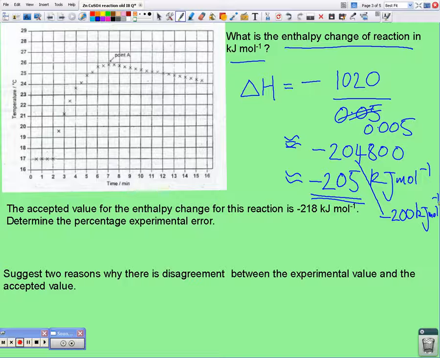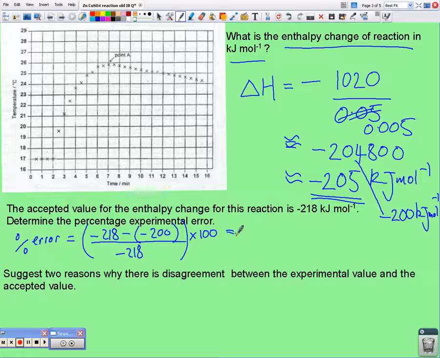The accepted value for the enthalpy change is negative 218 kilojoules per mole. Determine the percentage error. Well, for the percentage error, we take the actual value, negative 218, we subtract from that our experimental value, let's say negative 200, and divide that by the actual value and multiply by 100. That's our experimental error.